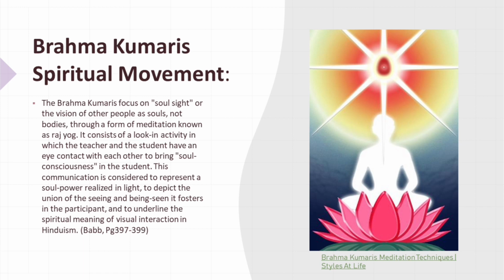This communication is considered to represent a soul power realized in light, to depict the union of the seen and be seen it fosters in the participant, and to underline the spiritual meaning of visual interaction in Hinduism.